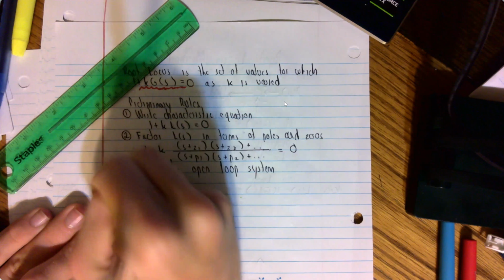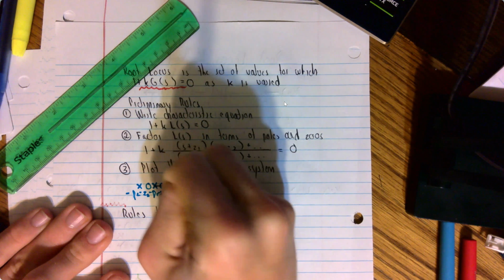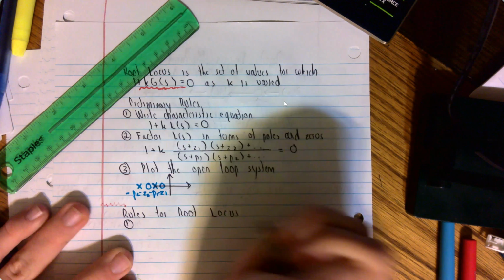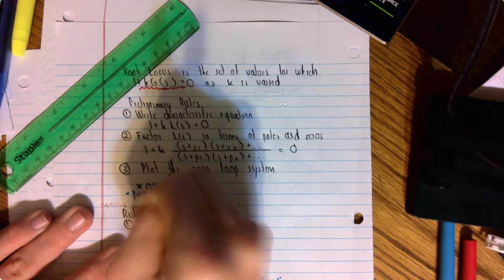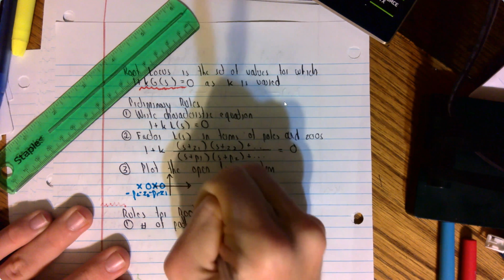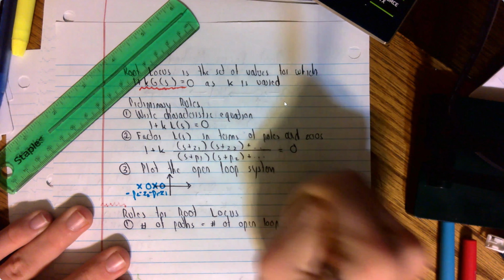So, rules for root locus. Number one is that the number of paths for your root locus is equal to the number of open loop poles.